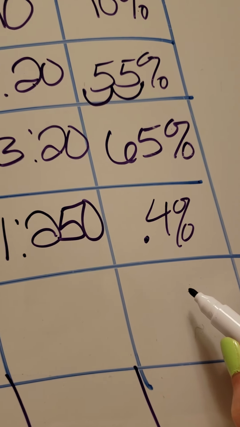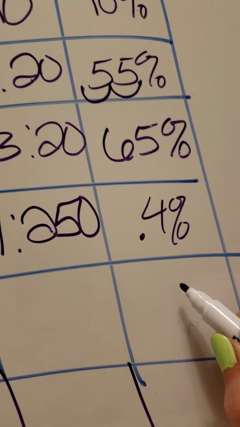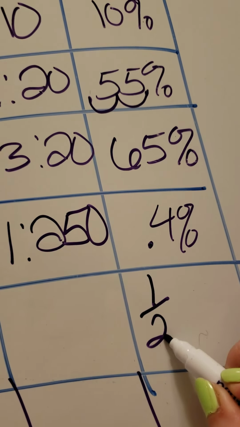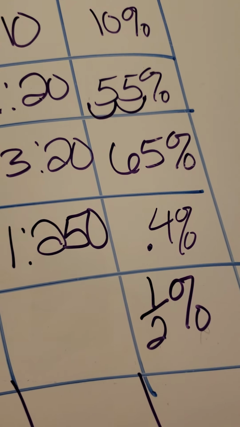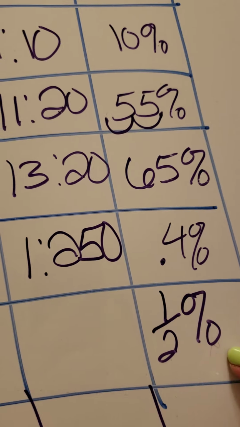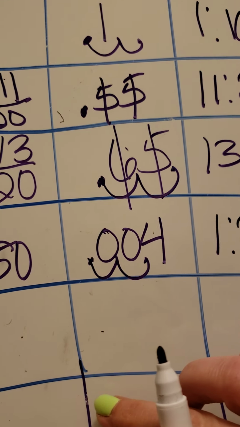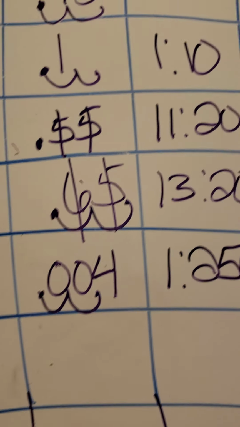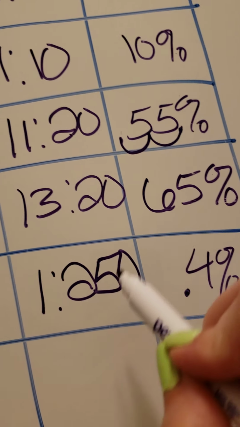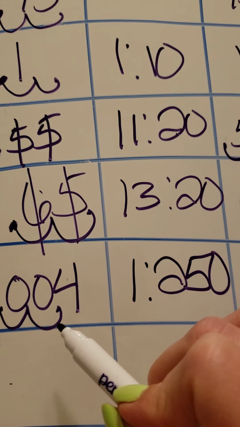All right, so the question that may be similar to what you see on your homework is going to be similar to saying 1/2%. Okay, so percent's buddy is decimal. Now, when I was taking my percents earlier, I was just moving them, and that would give me my decimal.